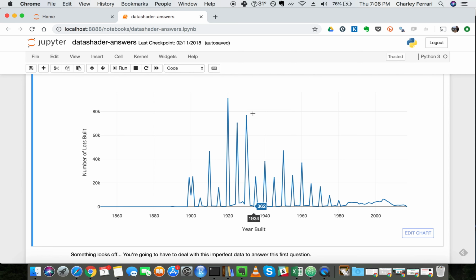I'm building mostly the same graph. There's still some spikiness, but it's less misleading, I would say. It still seems like more structures are being logged in the decades rather than every 5 years, so you don't want to trust these spikes.